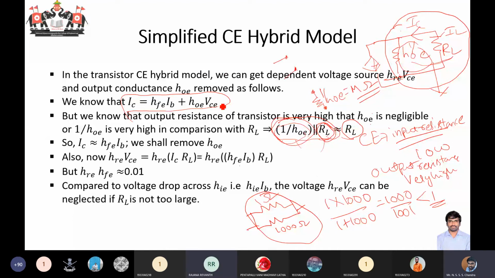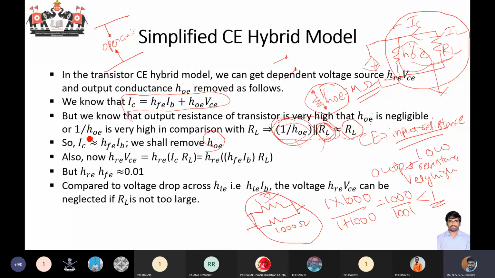Yes, sir. Right? So instead of writing this 1 by HOE as a separate conductance or a resistor, I will simply replace it with an open circuit. So we shall be removing the HOE term.